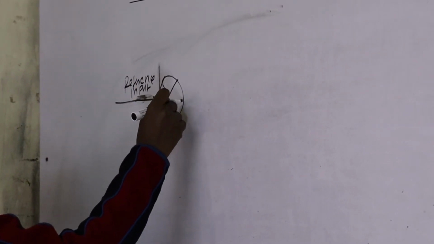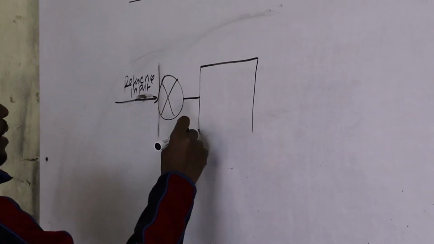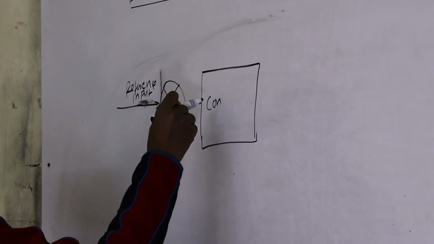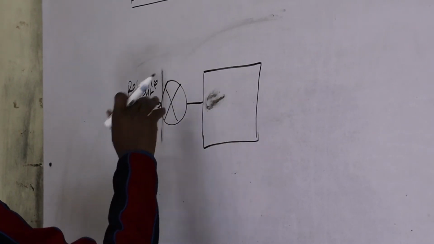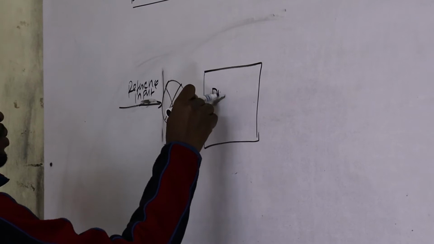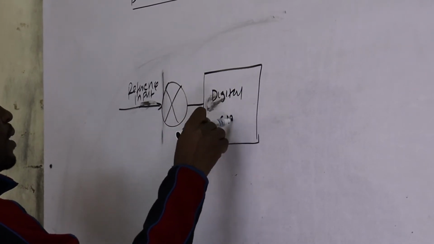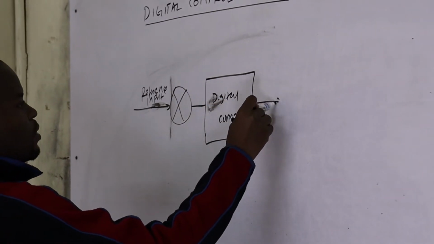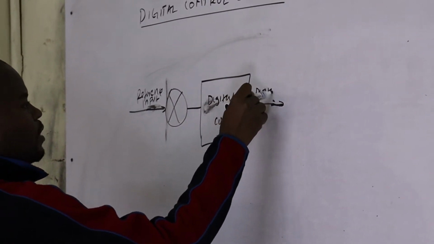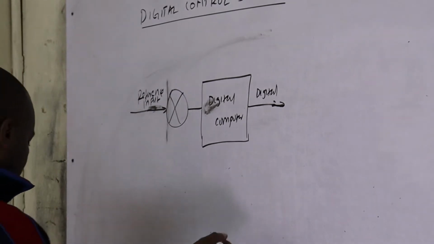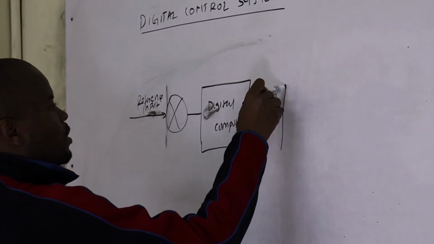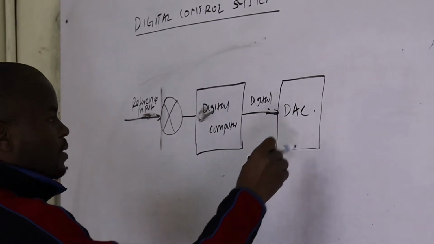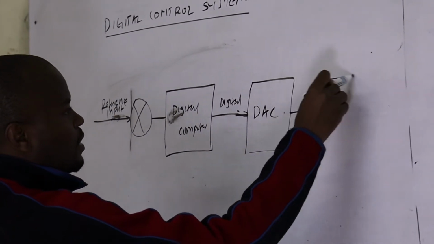Then we can have what we call the controller, but now the controller has been replaced, so we are going to have the digital computer. With the digital computer, we are going to have a digital signal, and from the digital signal we can have the DAC, that is the digital to analog converter, which then goes to the actuator.